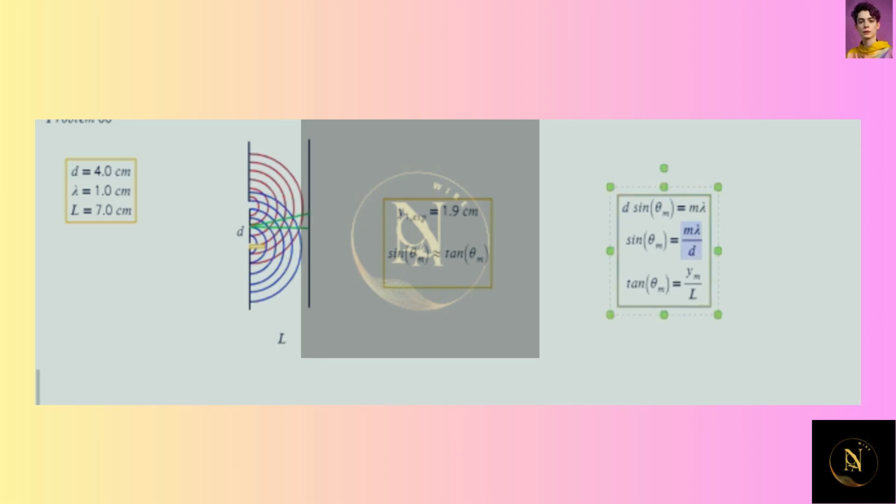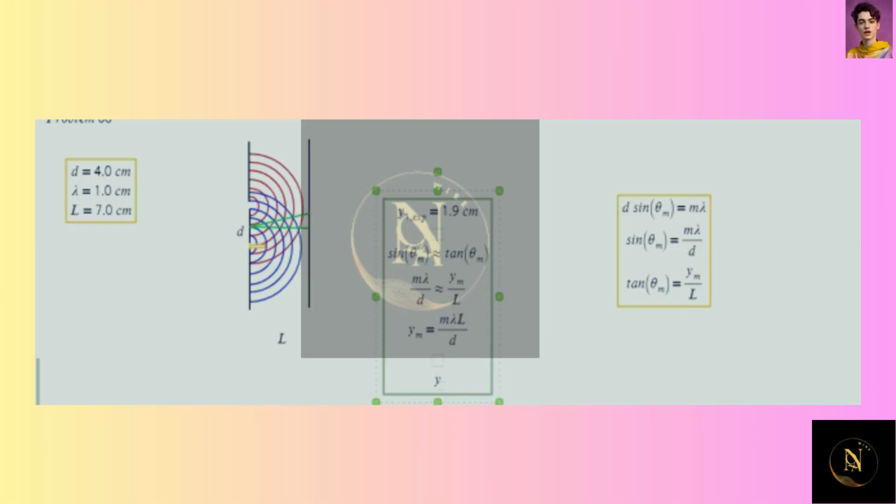On the left-hand side, we have sine, which can be expressed like this, and this is going to be approximately equal to tangent of theta m, which is this. So here, let's solve for y sub m.